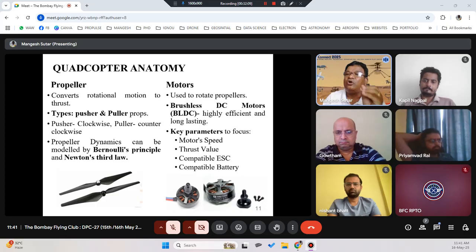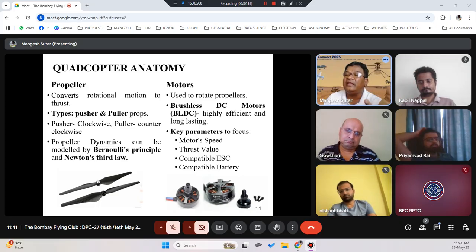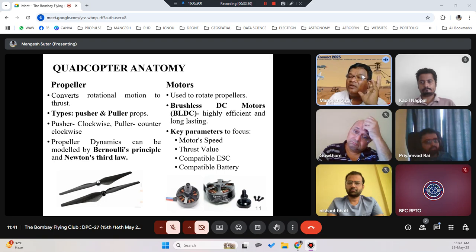For example, when I say my drone is capable of 24.9, roughly 25 kg of weight, that drone is not designed for 25 kg. That drone is designed for 50 kg. That drone is capable of picking up 50 kg, but you can use only half of the thrust. You should always use half of the thrust for efficient flying.